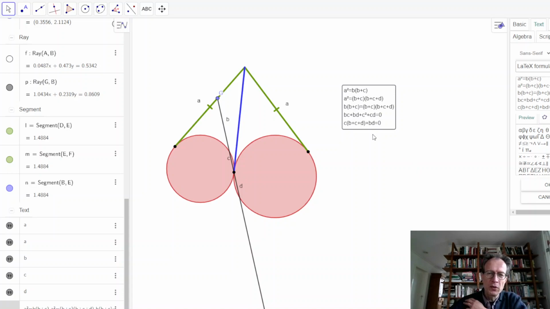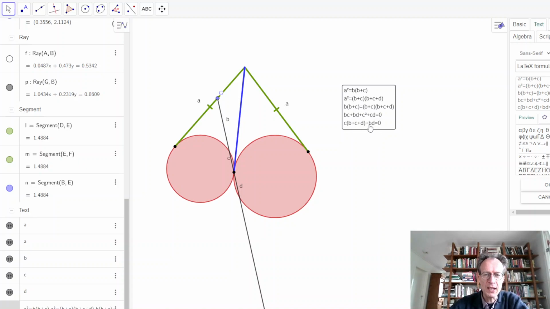What we're going to use now is that b definitely is larger than 0, because there is a certain distance to the circles. So b is larger than 0, and we have here two terms which are all positive numbers, and they should add up to 0.